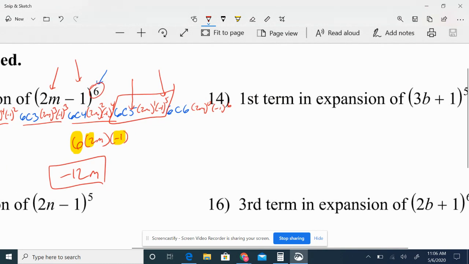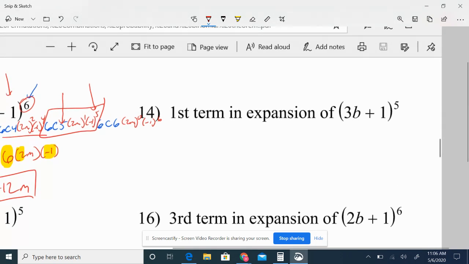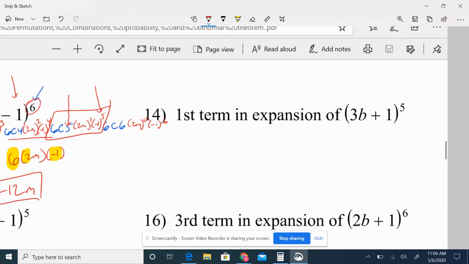Let me explain something real quick over here. I want the first term in the expansion of (3b plus 1) to the 5th. Starting at 0, start counting at 0, my first number is at 0. So to find my first term, my exponent is 5, so I'm going to do 5 choose 0. That's my first number.